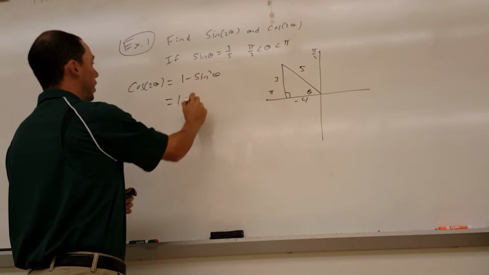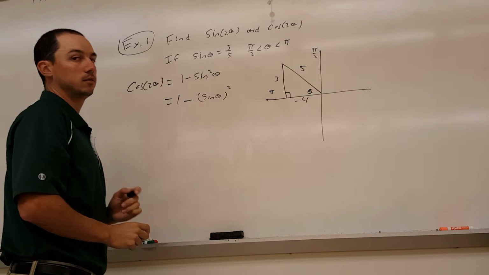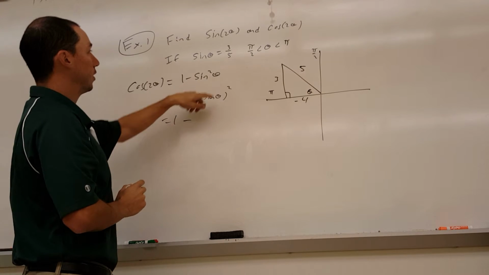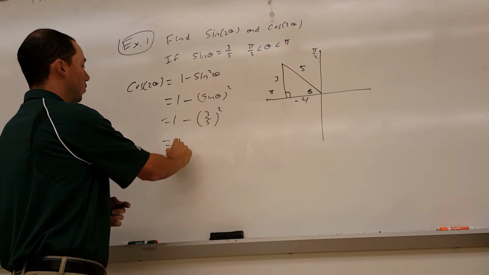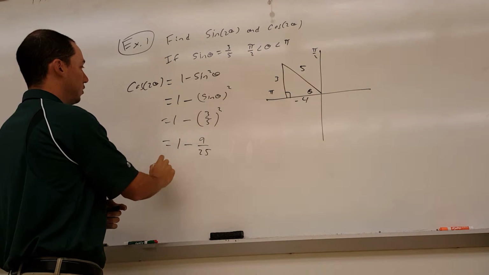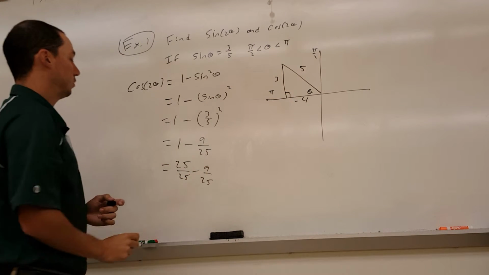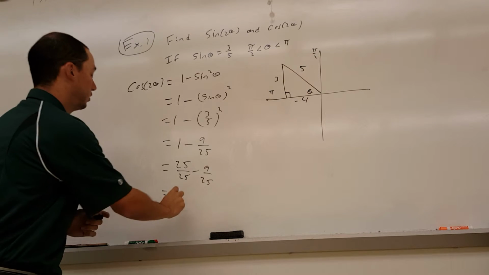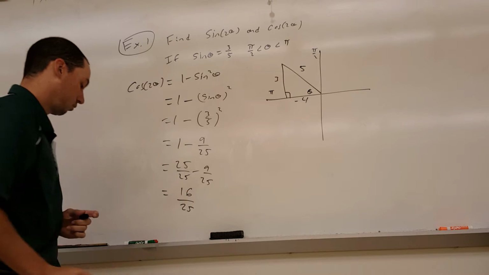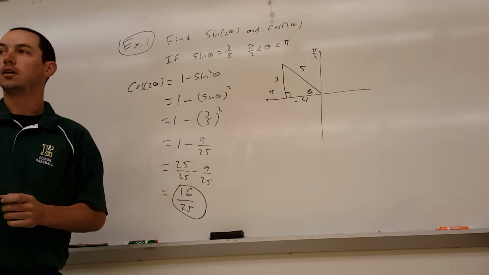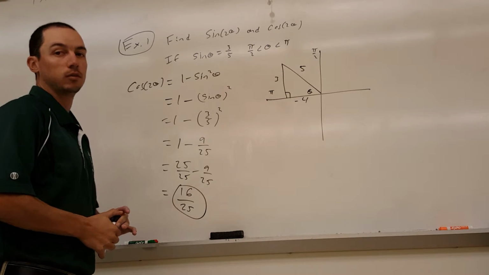So 1 minus, sine squared means sine of theta squared. 1 minus, sine of theta is 3/5 squared. 1 minus 9 over 25, which equals 25 over 25 minus 9 over 25, and we get 16 over 25. And let's pause and we'll do the other one.